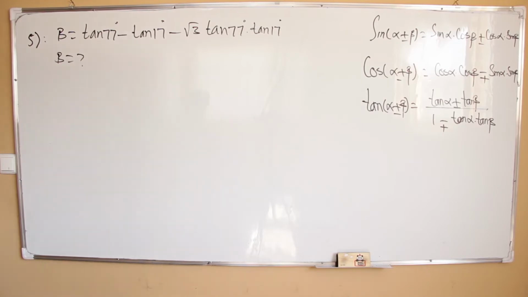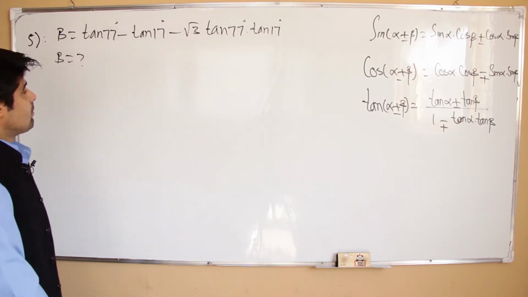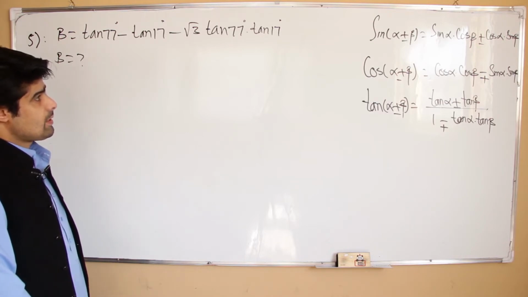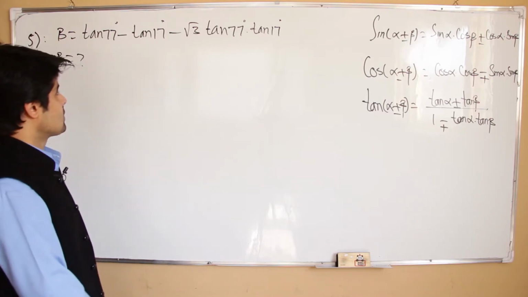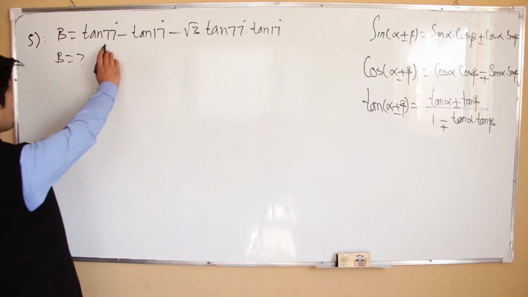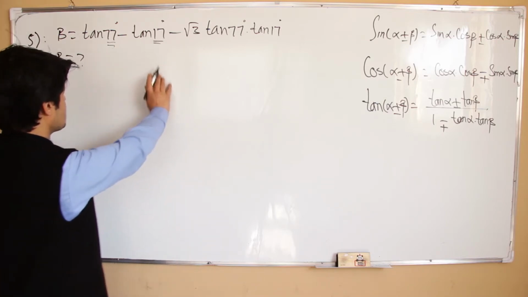Question number 5. B is tangent 77 minus tangent 17 minus root 3 tangent 77 times tangent 17. What is B? It is the same as question number 4. What do I mean? It means the relation of 77 with 17.